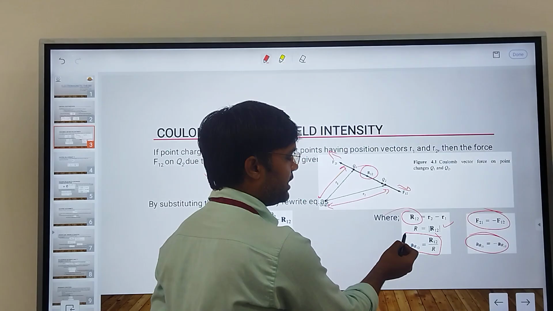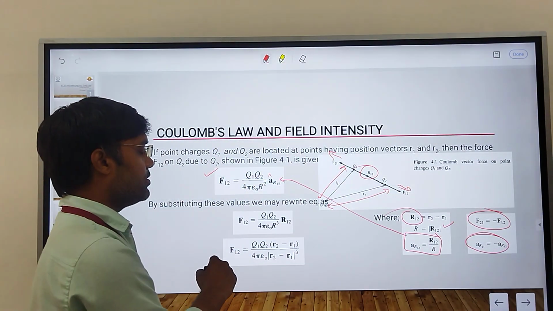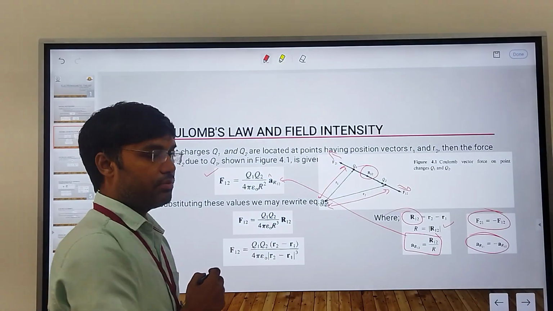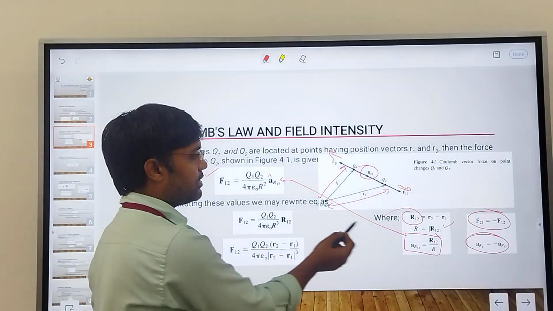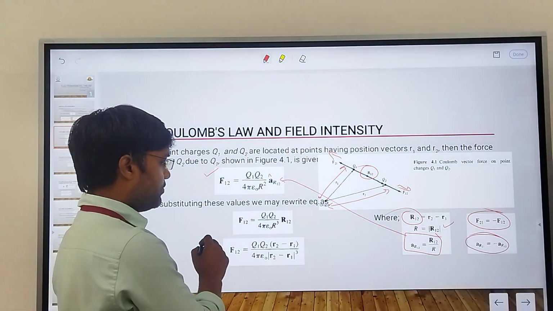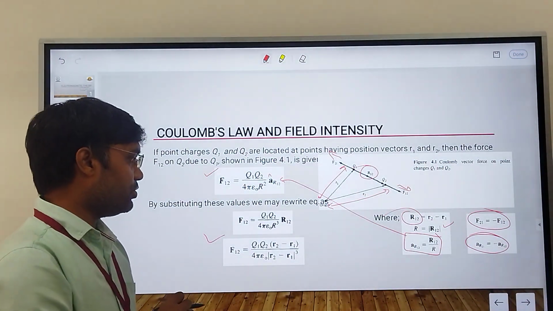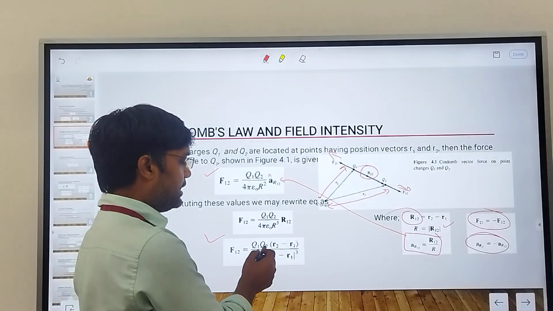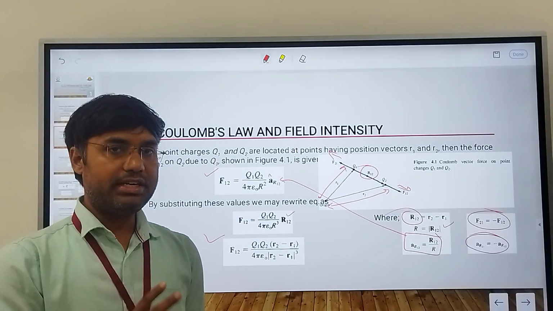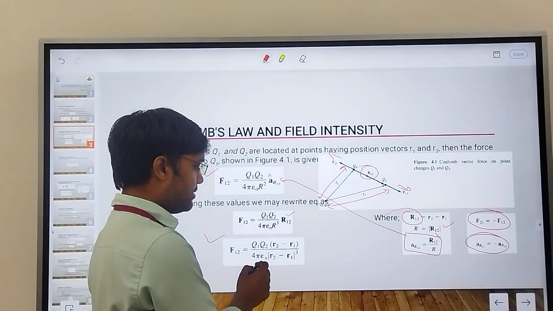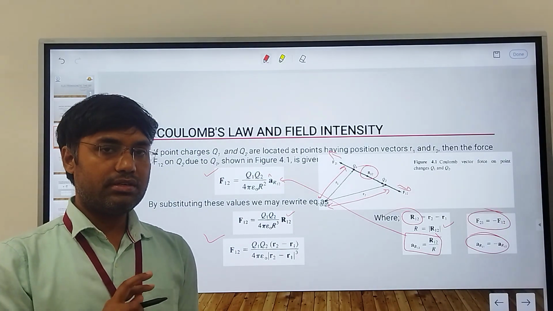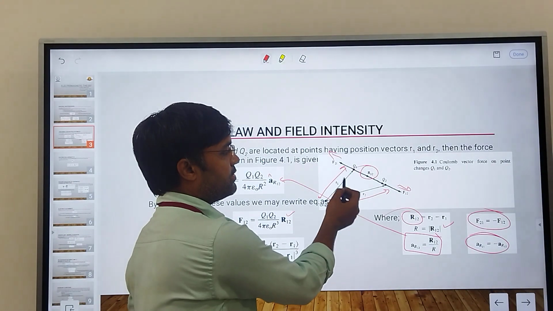So we will put the value of AR12 from here to here. We get F12 equal to Q1 Q2 divided by 4 pi epsilon naught, R12 divided by its magnitude R, so it would be R cube in the denominator. Further, we can write this expression as F12 equal to Q1 Q2 into R2 minus R1, the subtraction of the two position vectors, divided by 4 pi epsilon naught, times the cube of the magnitude of the difference between the two position vectors.